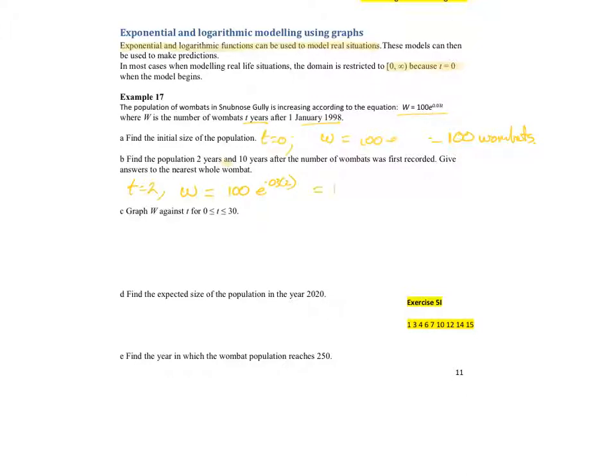So we'll call it 106 wombats. And then at t equal to 10, we get W equals 100 e to the 0.03 by 10, which will give me 134.9, which is 135 wombats. So just substituting into our equations on our CAS.